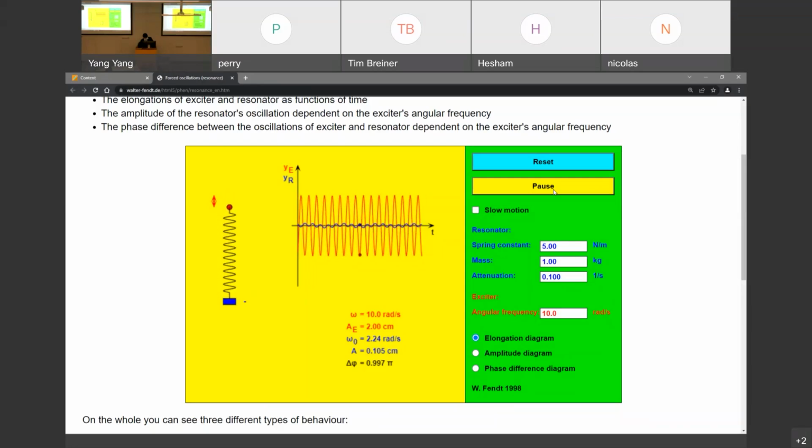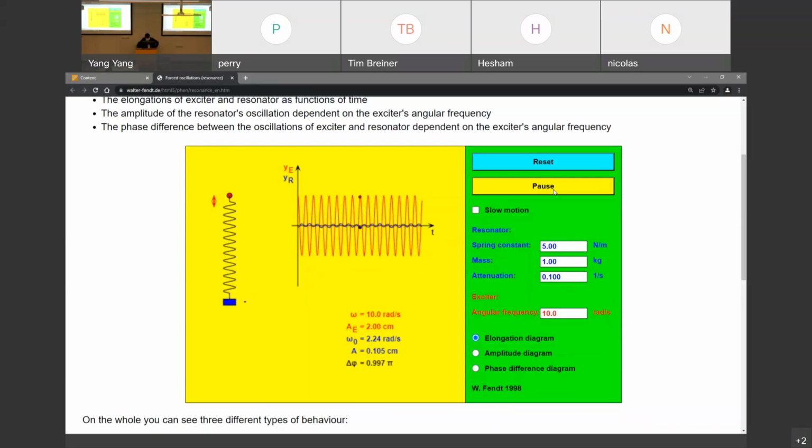Actually, the response is very much the same. We will not have any beat.